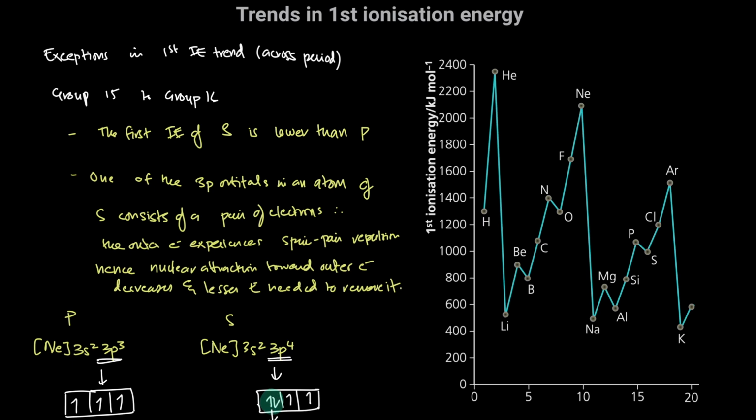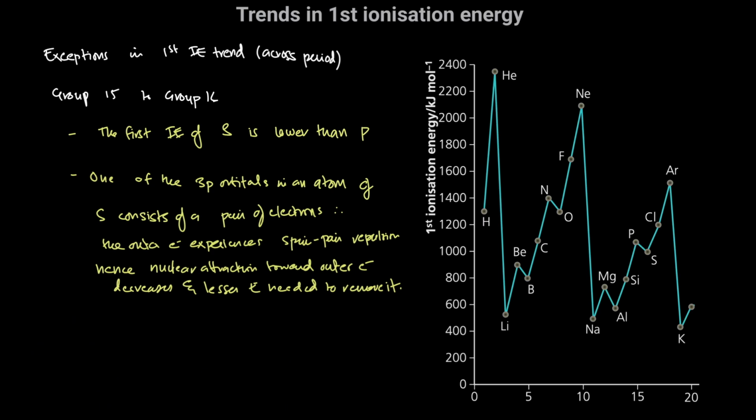Okay, and we know that this p3 subshell configuration in phosphorus is more stable. This half-filled p3 configuration in phosphorus is more stable than this partially filled p4 configuration in sulfur.